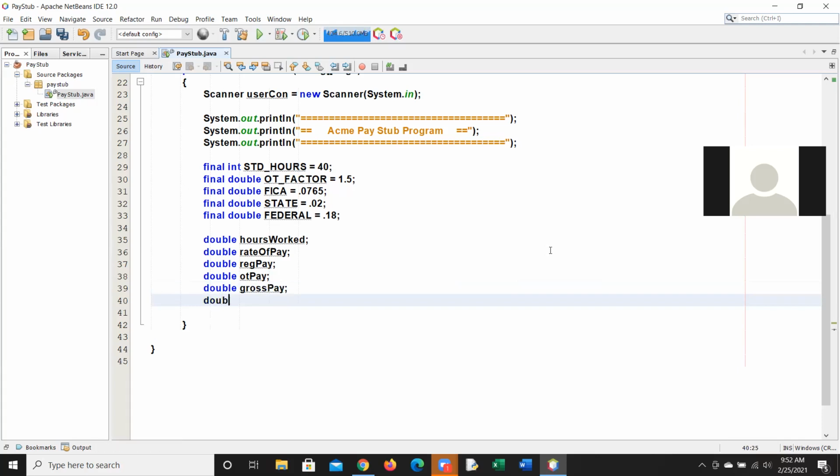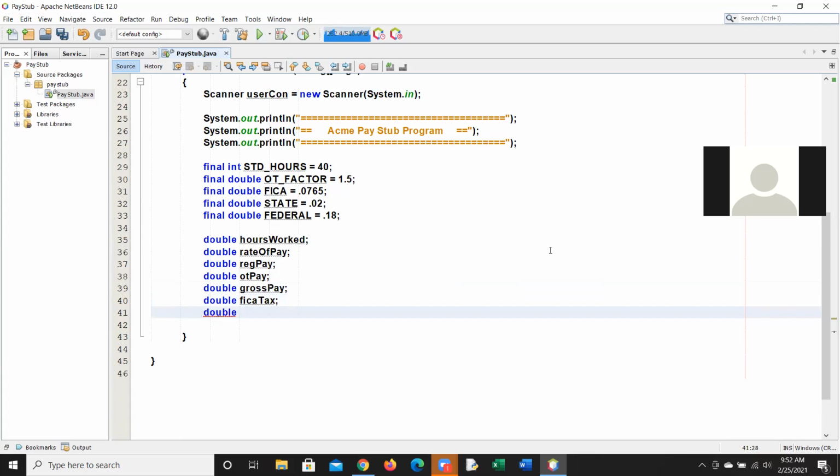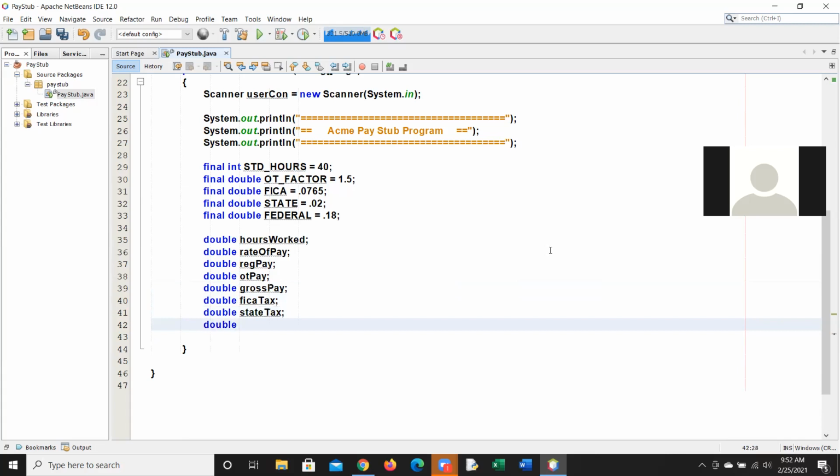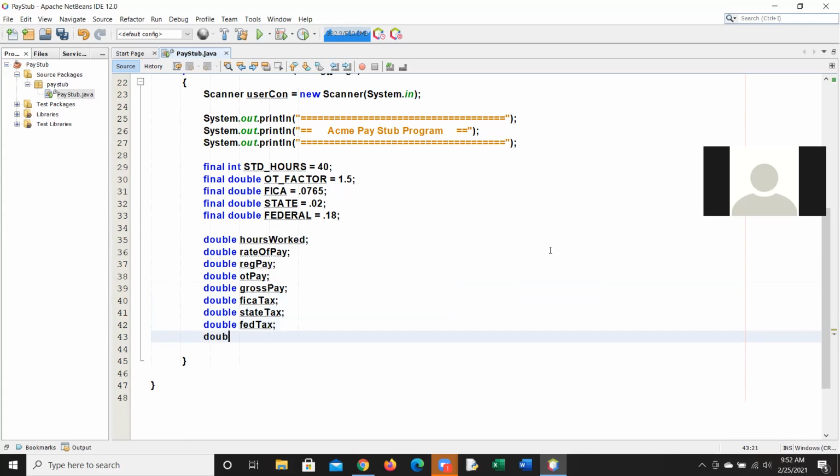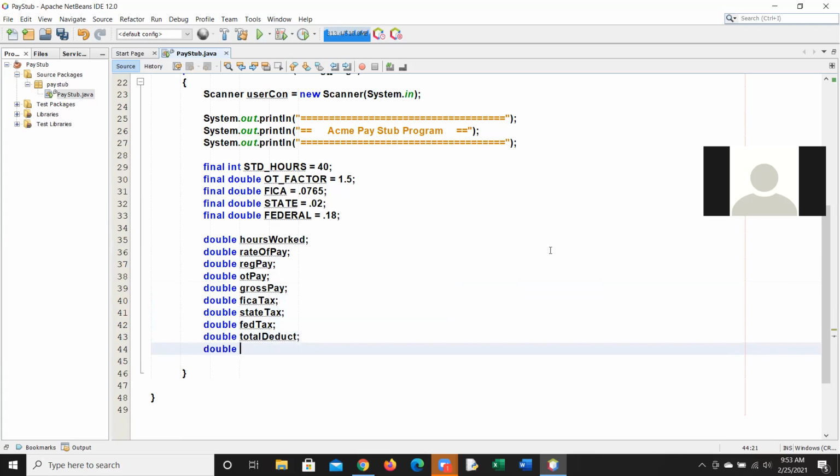Then I'll have my double FICA tax, double state tax, double Fed tax, double total deductions. And then double net pay. Yikes, right?